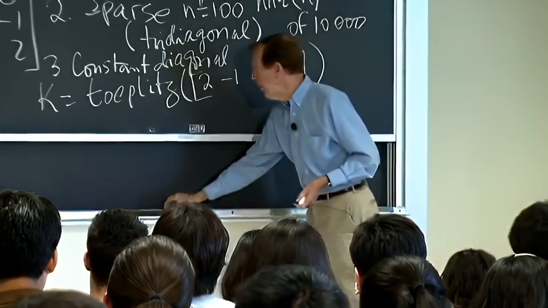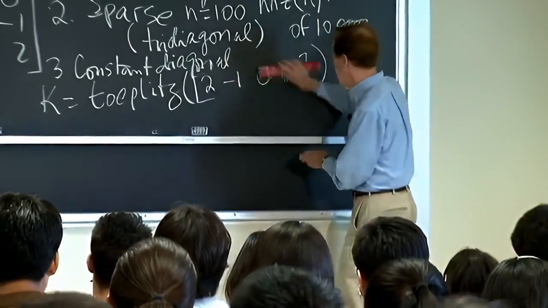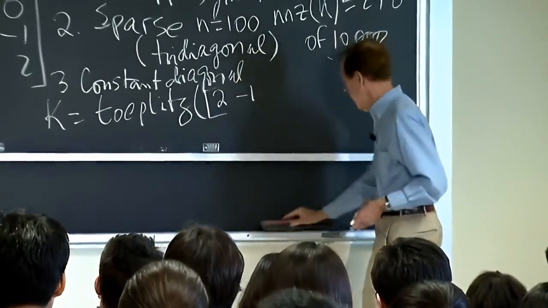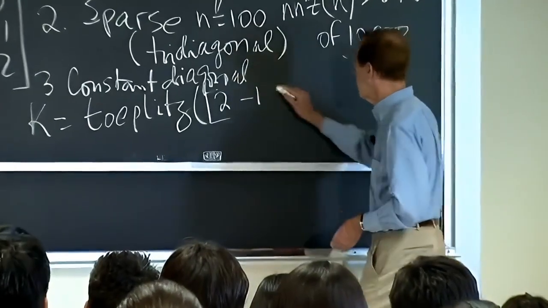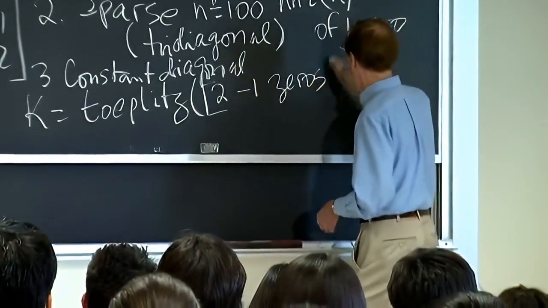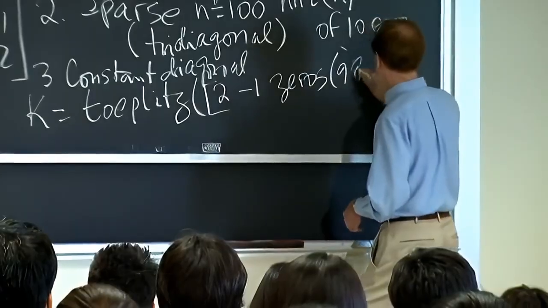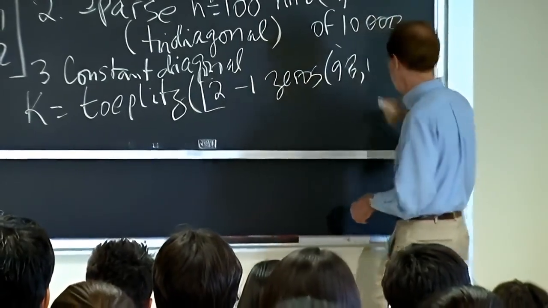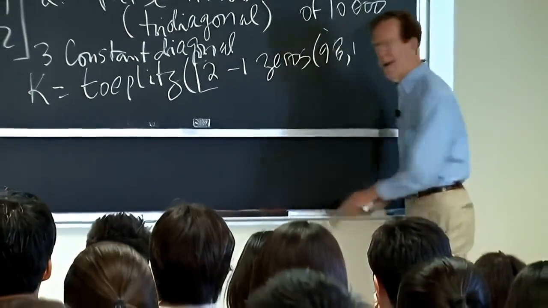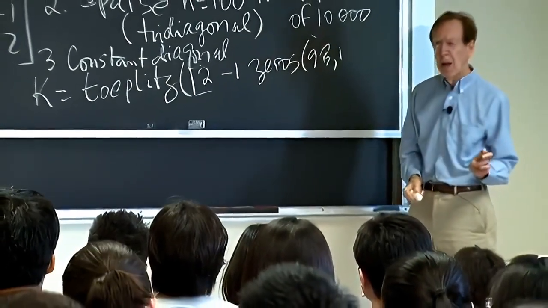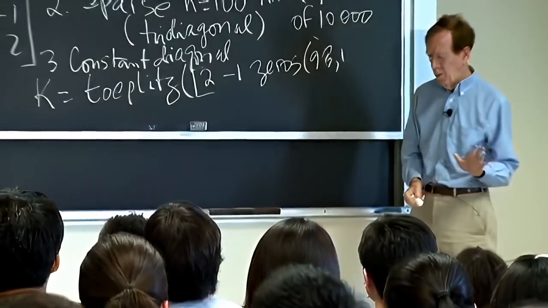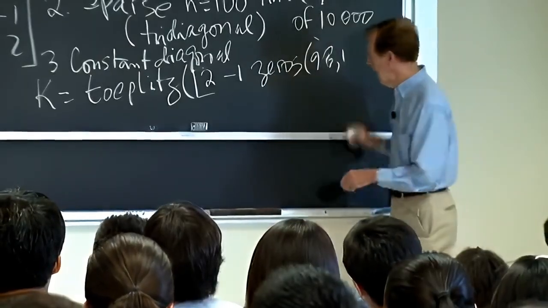And of course, if it was bigger, then rather than writing 100 zeros, I could put zeros of 98 and 1. Wouldn't I have to say that? Or is it 1 and 98? You see why it doesn't run. One row. Well, I guess I'm thinking of that as a row.